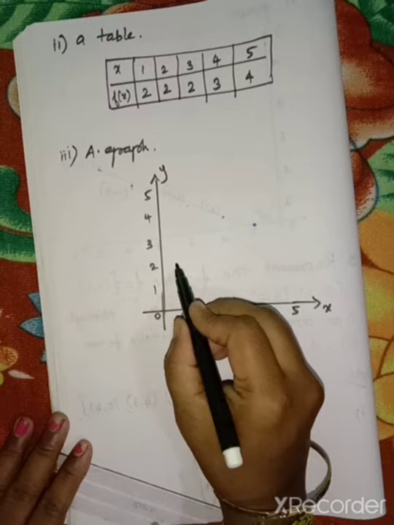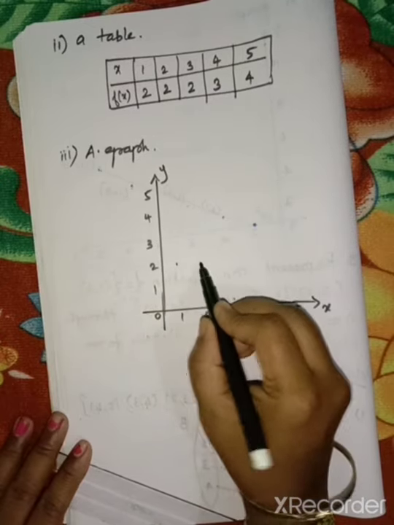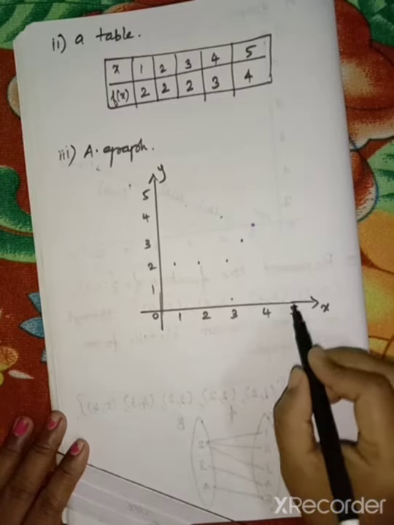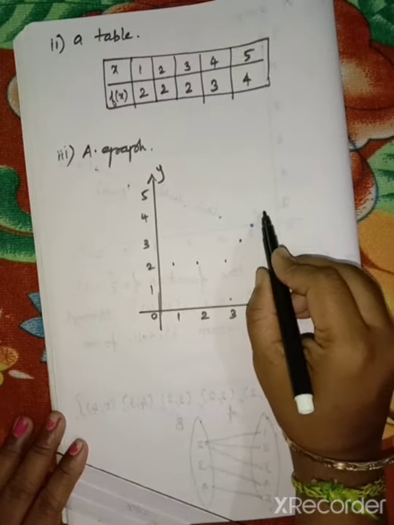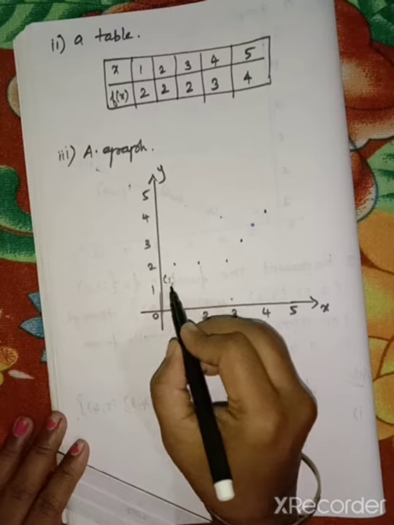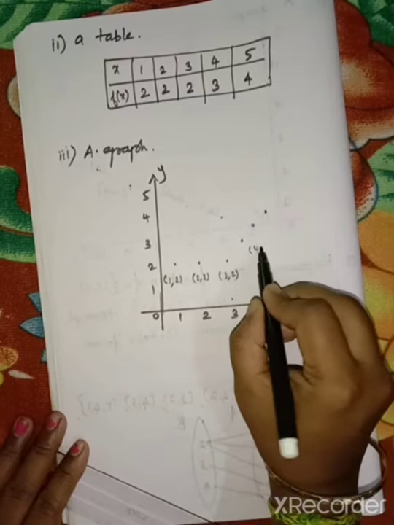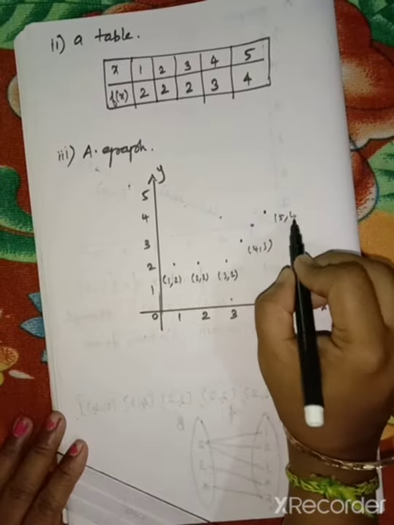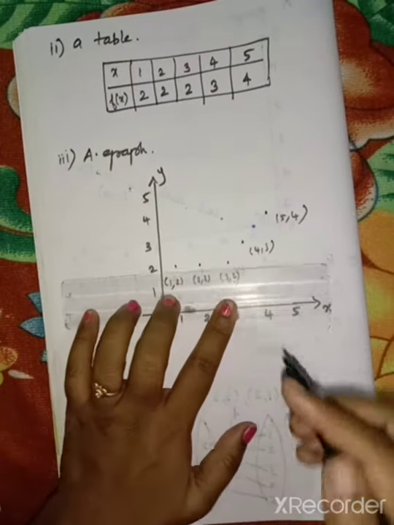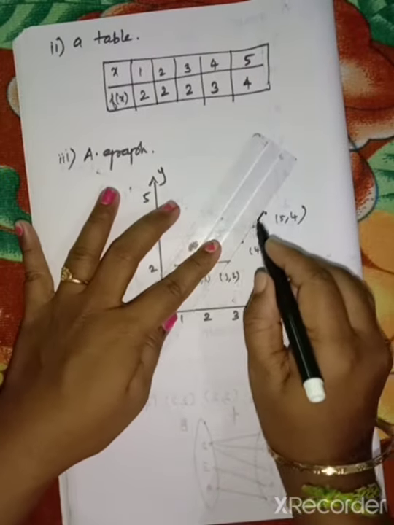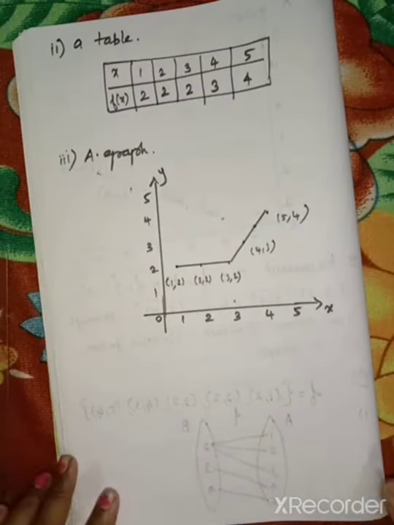So for 1, 2; 2, 2; 3, 2; 4, 3; 5, 4. Here you have to mark the points (1, 2), (2, 2), (3, 2), (4, 3), (5, 4). Then you have to join them. The graph looks like this.